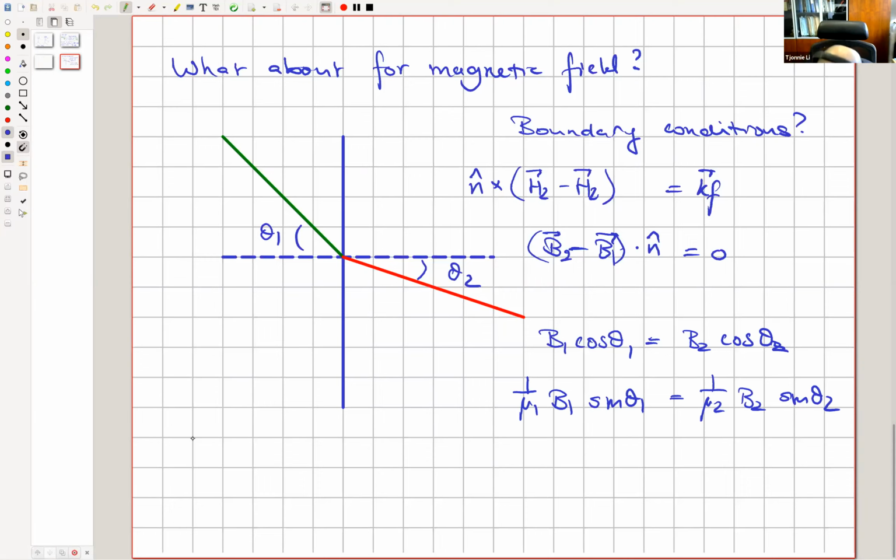Again, if I divide these by each other, what do I get? I should get that mu2 over mu1 equals tan theta 1 over tan theta 2. Let's see if I did that correctly. Yes, that looks more or less right.